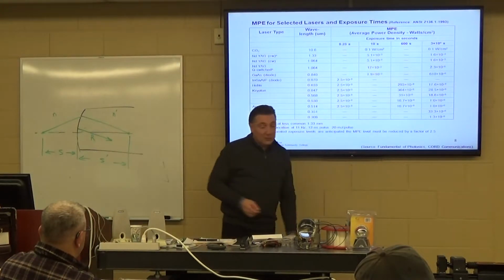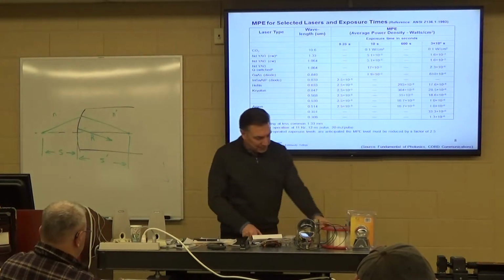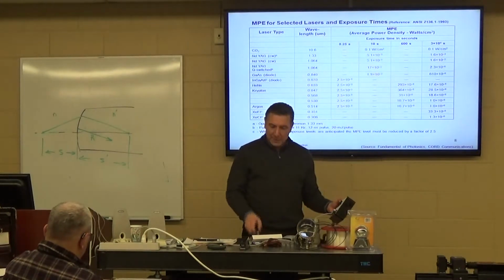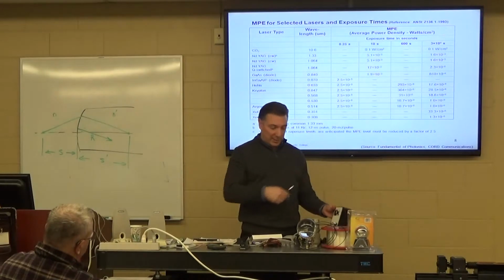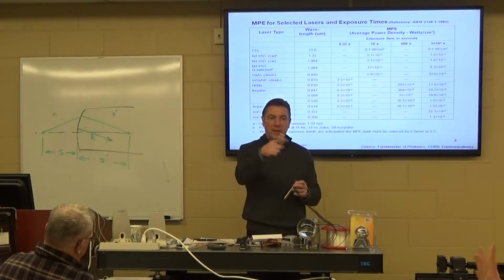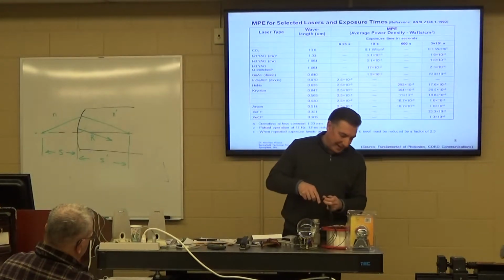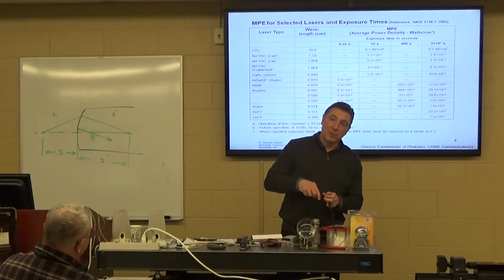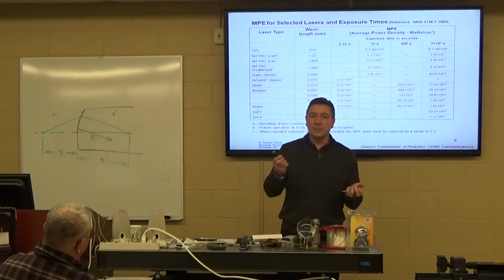So, let's do an example. We've all seen the power meter, it's plugged in. We have a laser, we have a power meter. We're going to shoot the laser into the power meter. Even though this is supposed to be a 4 milliwatt laser, I'm reading 8.9, let's say 9 milliwatts.